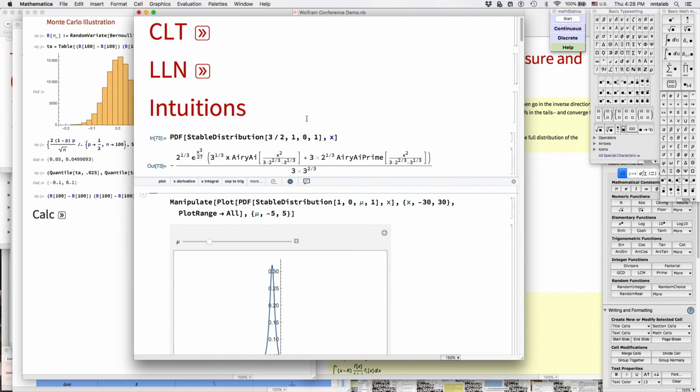And the lesson I learned is to always use fractional values on Mathematica, because that's where you get surprises from tinkering. So you can play with functions.